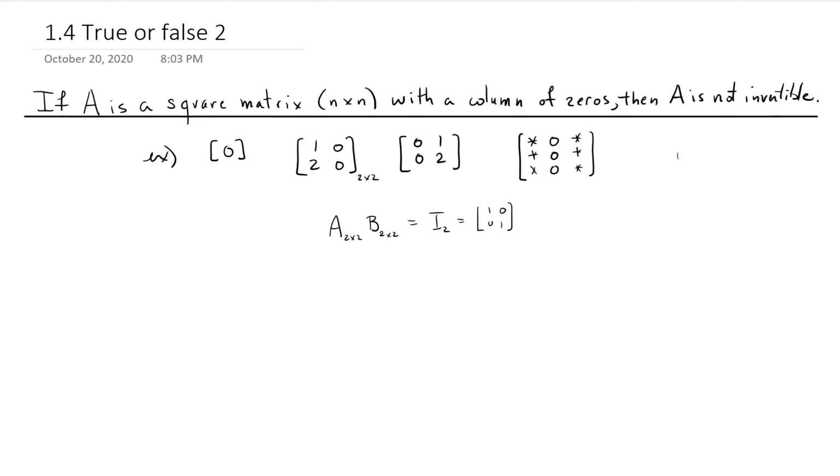We just call it I2. Similarly, this matrix B would be such that BA would also give me I2. So this is by definition of invertibility. So if we can't satisfy either of these two equations, we're done. We won't be able to find an inverse.